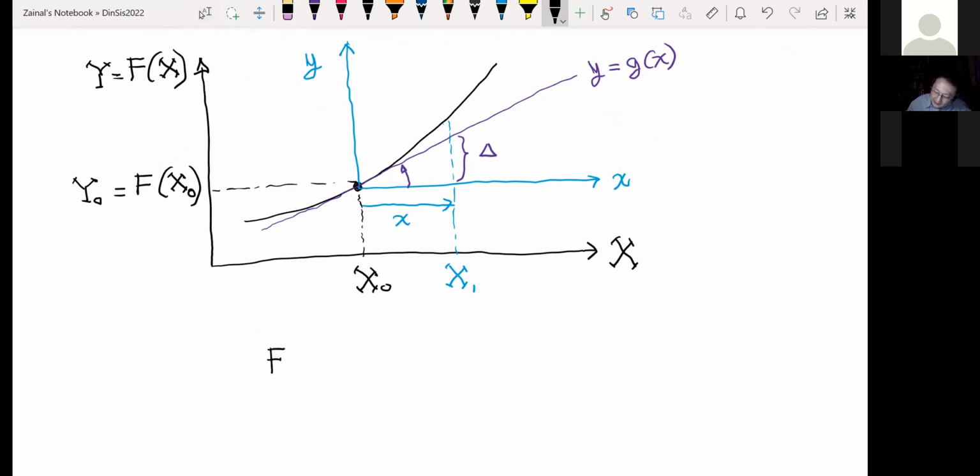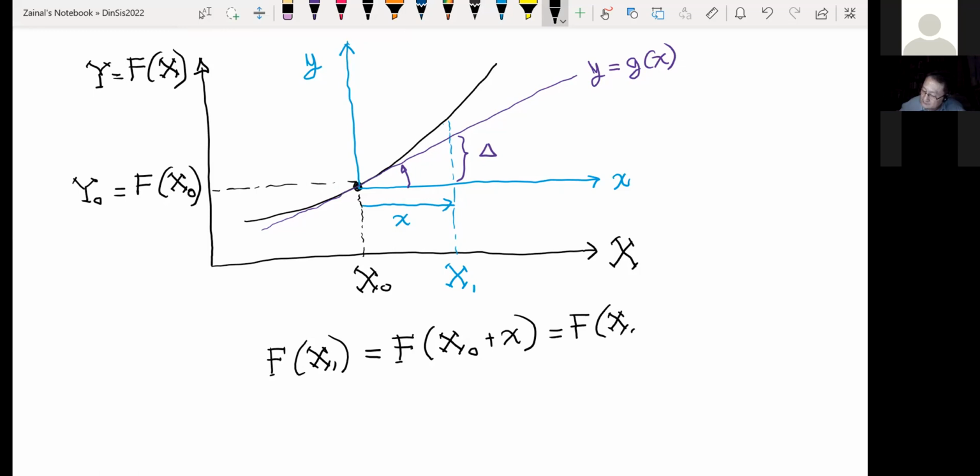Or you can say something like this: F(x1) is equal to F(x0 plus small x). And this is the same as F(x0).